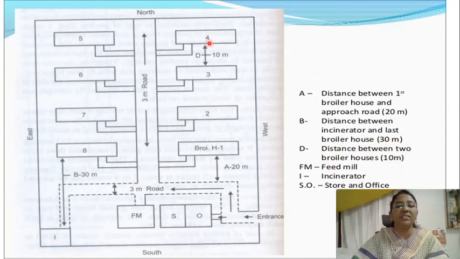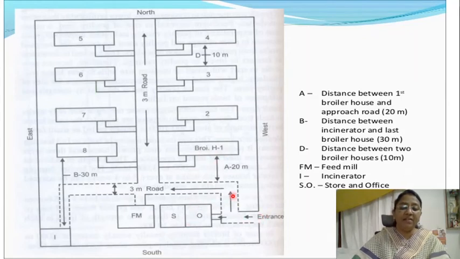Now here you can see distance between these two broiler houses, third and fourth, 10 meters distance should be maintained for the growth and healthy birds and economic birds. This has to be maintained. And here between the organizing room and also the stocking room and the first broiler house, 20 meters distance should be maintained.